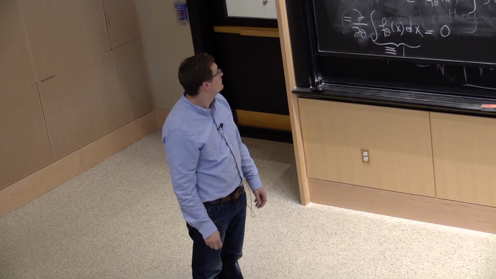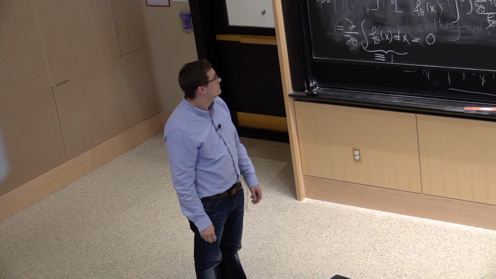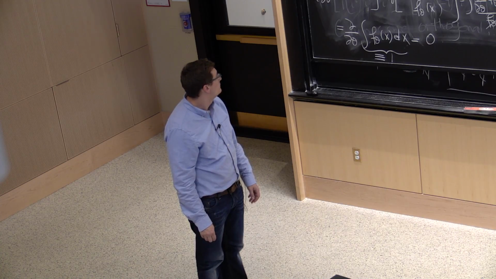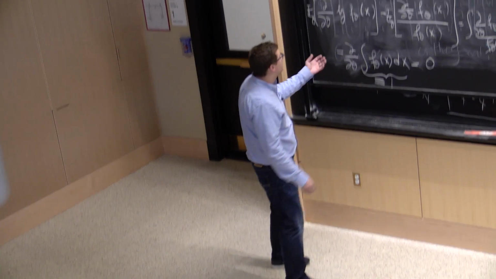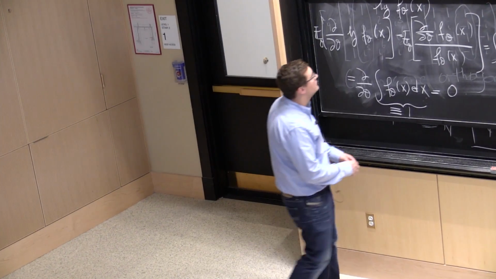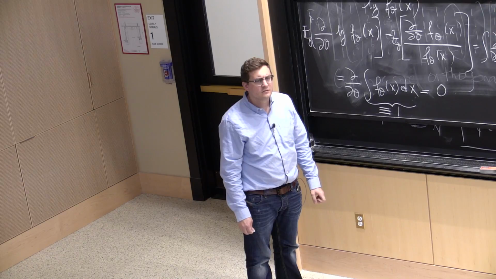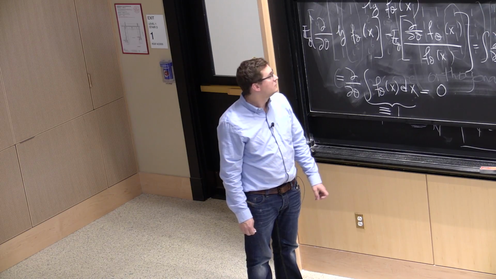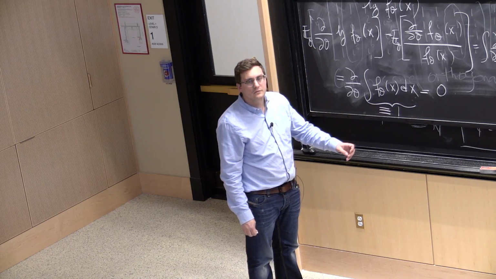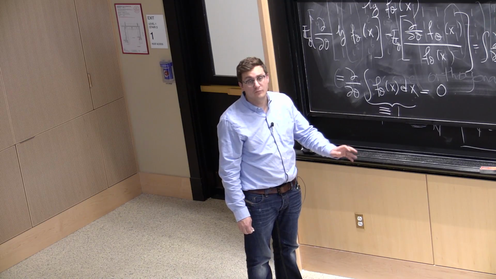Yes? What is the first equality that you wrote on the board? That's the definition of the expectation. Oh, sorry. No, that's just the definition of the derivative of the log of a function. Log of f is f prime over f, right?